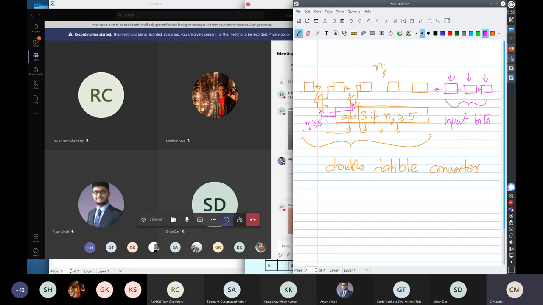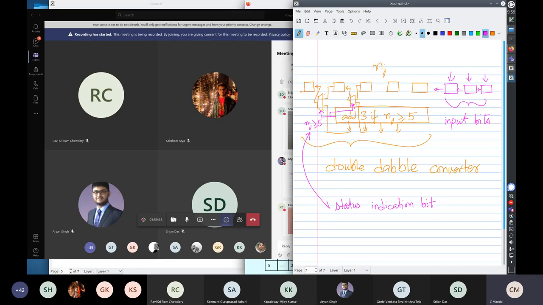This is a status indicator. It indicates whether nj is greater than or equal to 5. So if nj is greater than or equal to 5, you have already added 3. So you should take the output from that, and the output goes to the next bit because you are shifting left in every step.